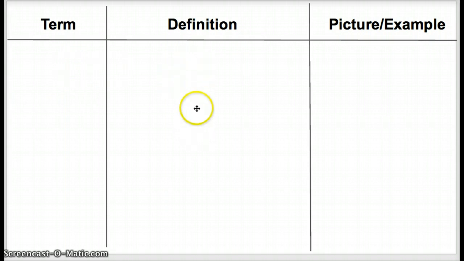But you'll need the most in the middle, and then the second most you will need with the picture and the example, which you also might want a ruler for. So you'll pause the video until you have this divided into your piece of paper you're going to be taking your notes on.